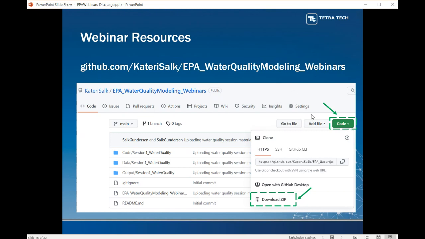On the right-hand side of that URL, you'll see a green button called Code. If you click that button, you can also find a download zip folder, and this will download the entire repository where you can access the session information. If you've downloaded this previously, there will be information and resources on session 2 that are included in this zip folder that's downloaded.